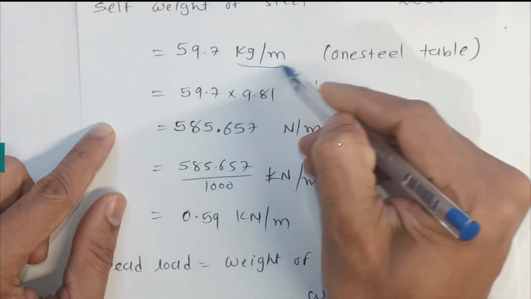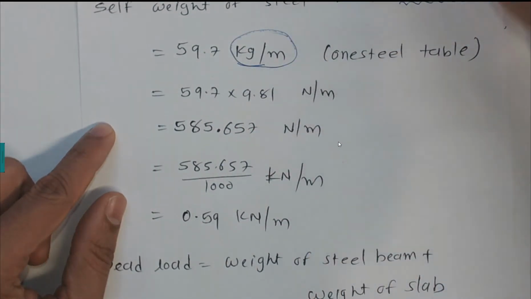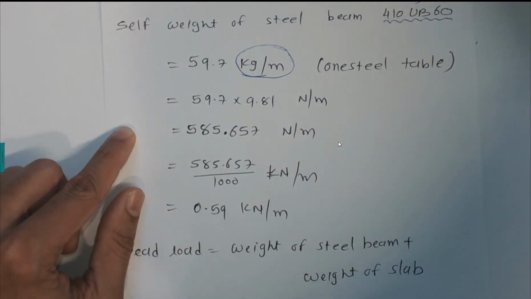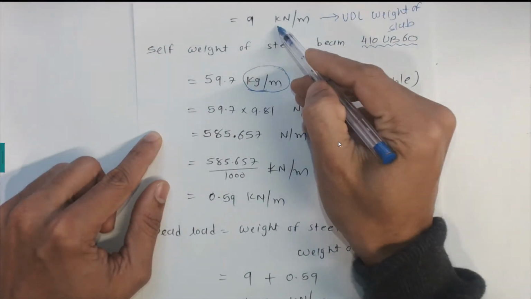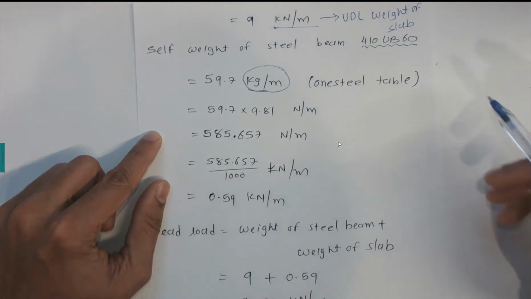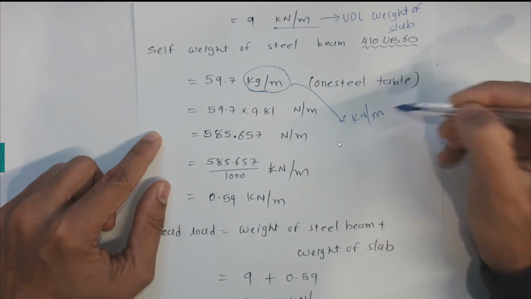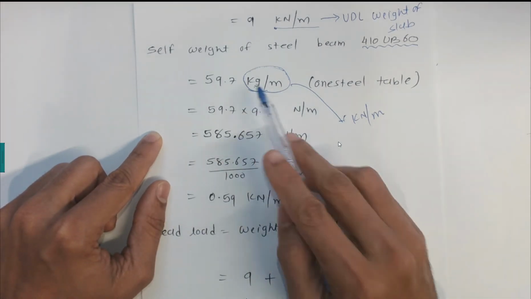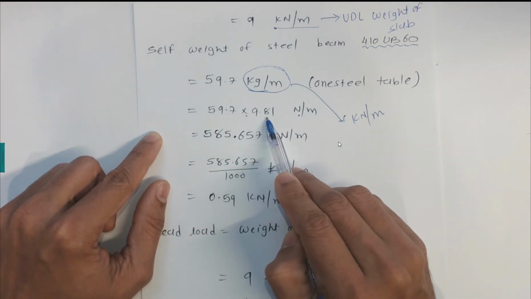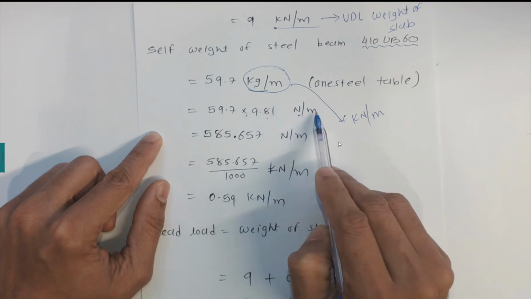Now it's in kg per meter, and as we calculated the slab in kilonewton per meter, we need the answer in kilonewton per meter, so we need to convert kg per meter into kilonewton per meter. First of all, let's convert kg into newton by multiplying by gravity 9.81, so that becomes newton per meter.